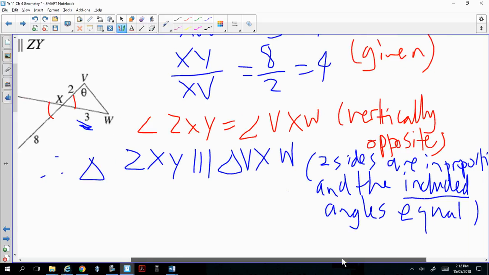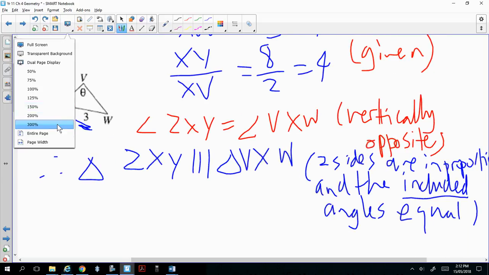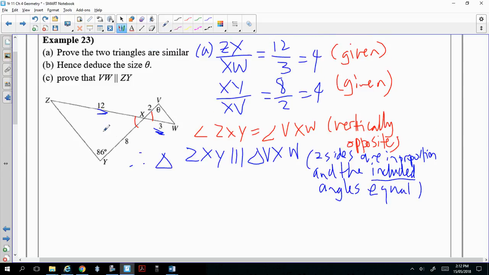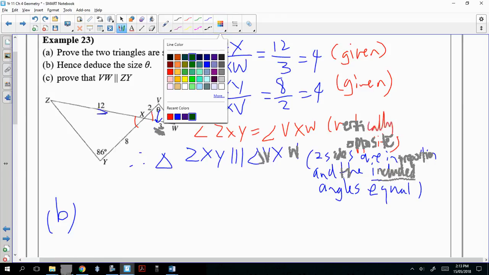Okay, now we can find out the size of theta. Let's work out theta. Theta matches with 3, and 3 matches with 12, and 12 matches with 86. So the matching angle must be opposite to the matching sides.